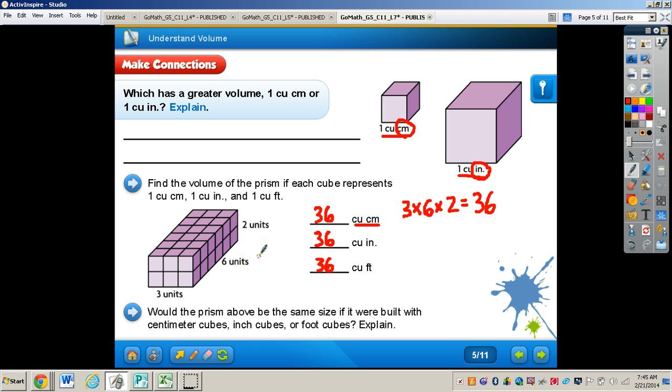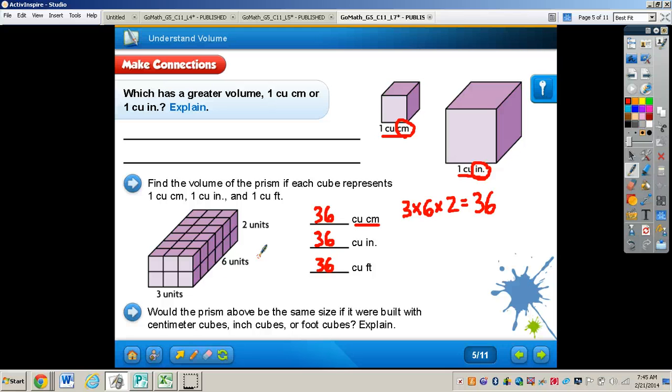Now, the question underneath this: would the prism above be the same size if it were built with cubic centimeter cubes, inch cubes, or foot cubes? The answer to this would be no. The reason for this is that the prism would have the same number of cubes and be the same shape. However, we know that centimeters, inches, and feet are all different lengths and all different sizes.